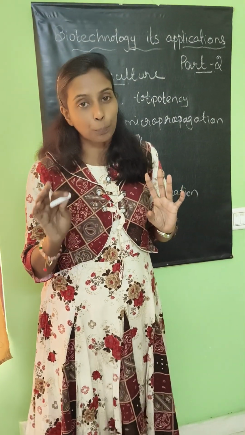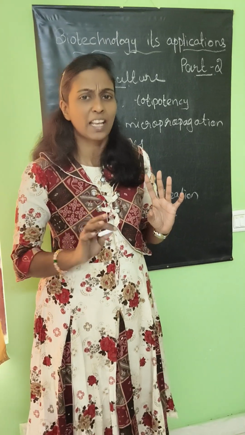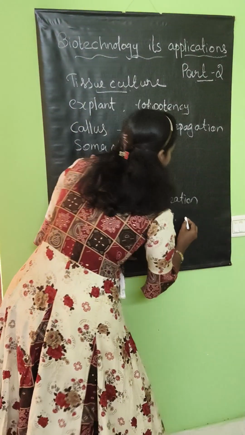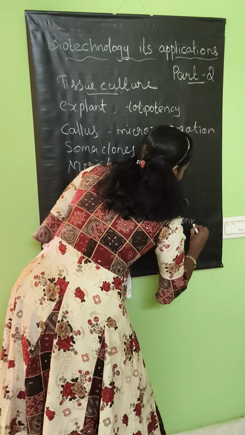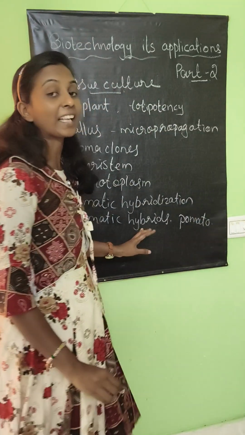So what happens here? We are mixing the protoplasts of two plants, so we get a new plant that we call a somatic hybrid. For example, we take potato and tomato, extract the protoplasts, and get a new plant, you can say pomato. It is called pomato. So this is another technique used in agriculture.